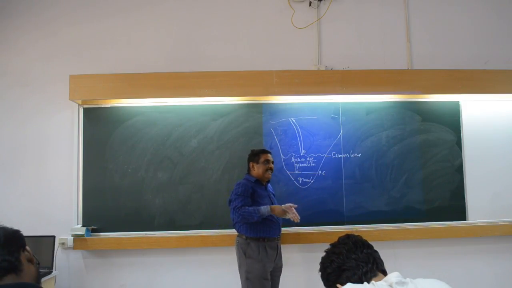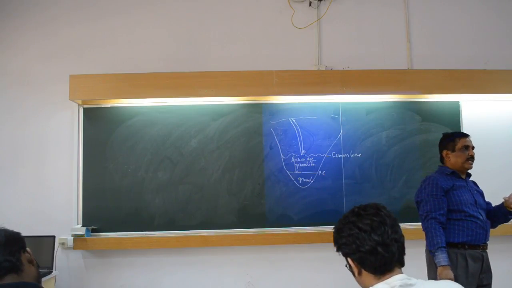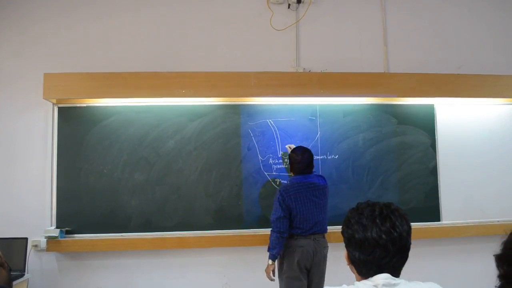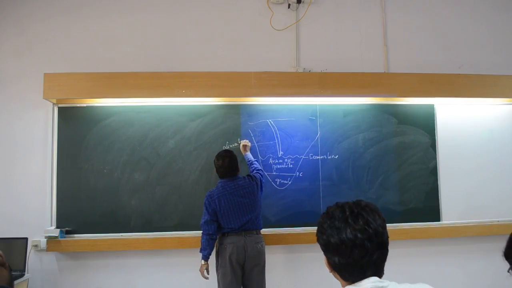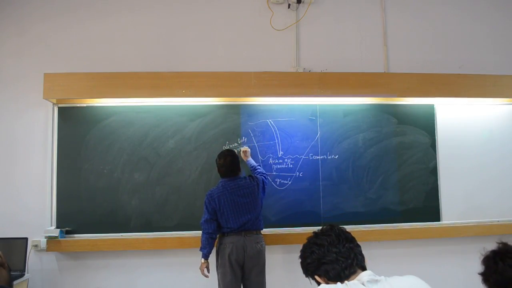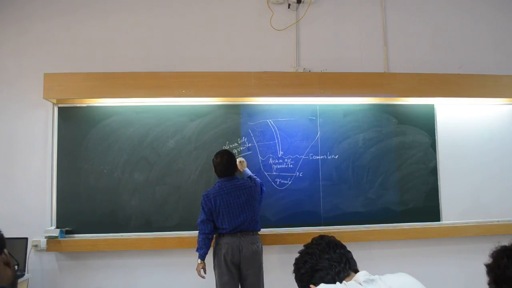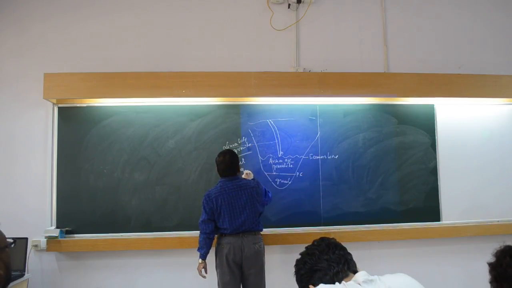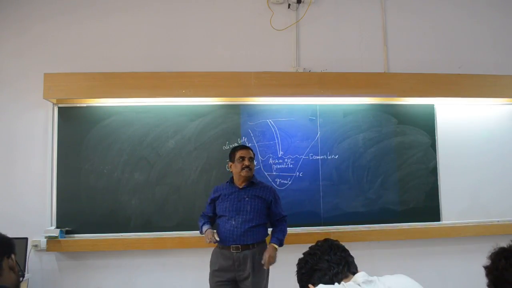So this is a very linear body of granite. Very coarse grained granite, a linear body of granite, which is known as Closepet granite.